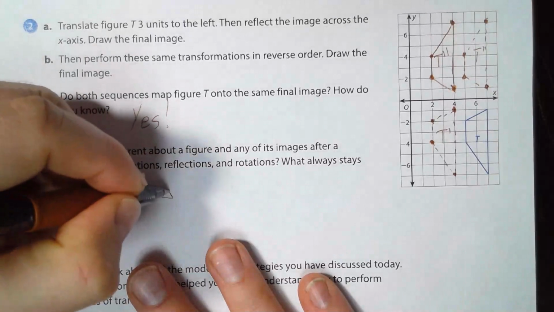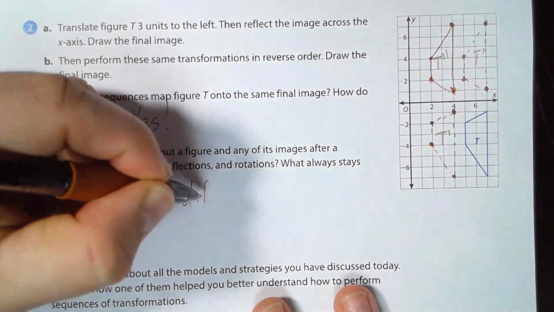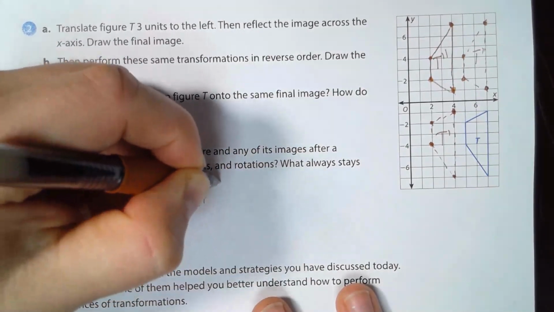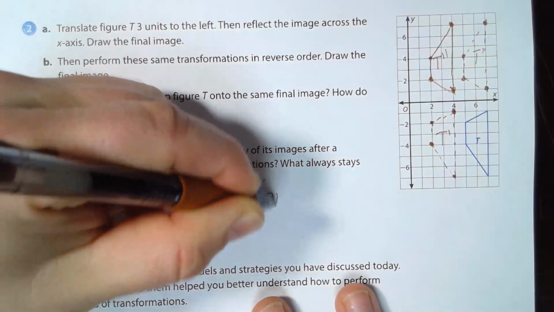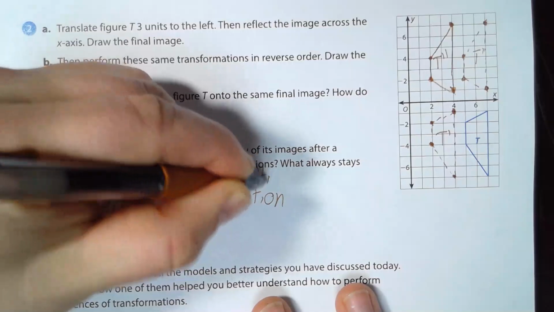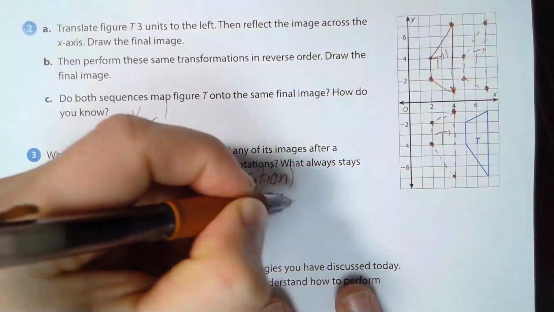Not always, but sometimes they're going to be in a different location. Location might be different, or position. We usually say position, don't we? Position or location might be different.